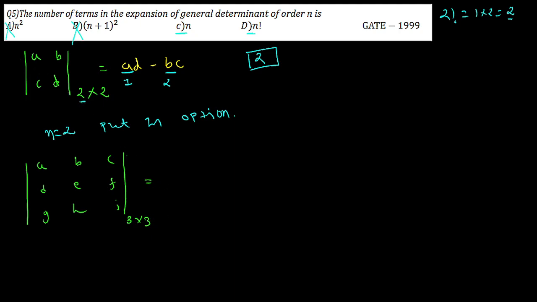Now let's expand it to find the determinant. Simply, a times (ei minus hf), minus b times (di minus gf), and in the last term we get c times (dh minus ge).